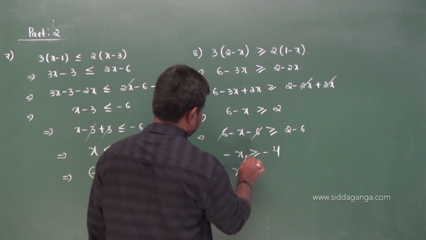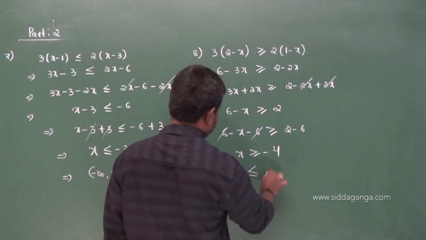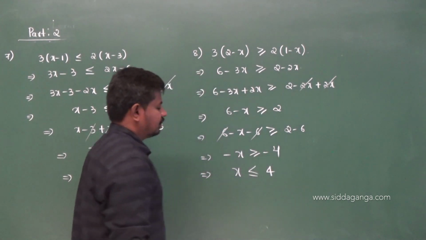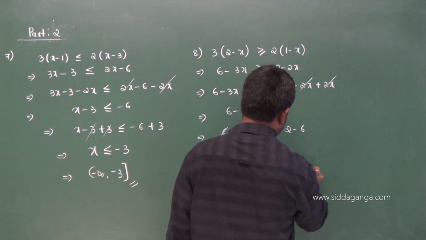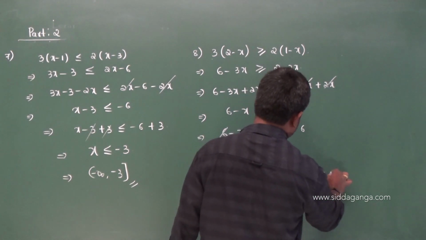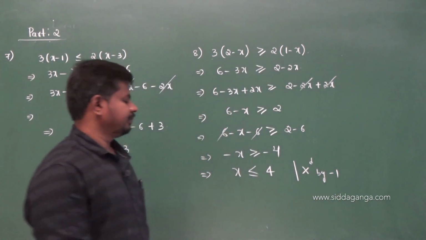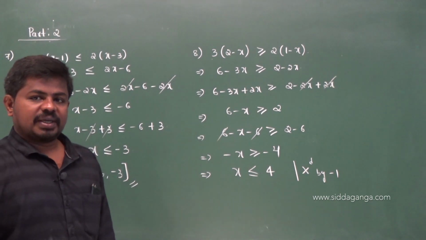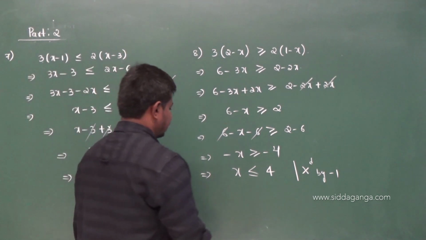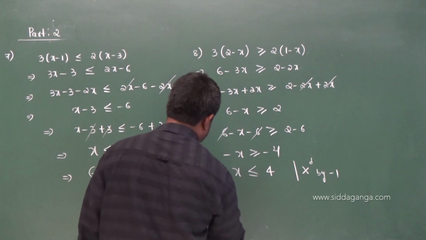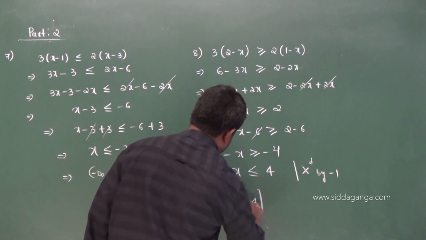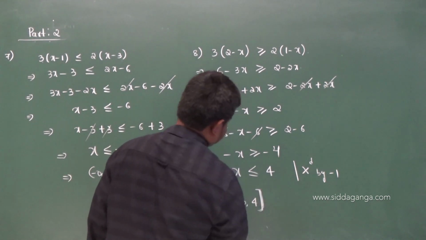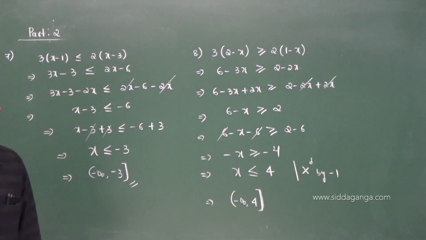You get plus x, and the symbol gets reversed, plus 4. When you multiply by minus 1, the symbol gets reversed. So x is less than or equal to 4. So your solution set is minus infinity to 4, semi-closed interval, 4 is included.